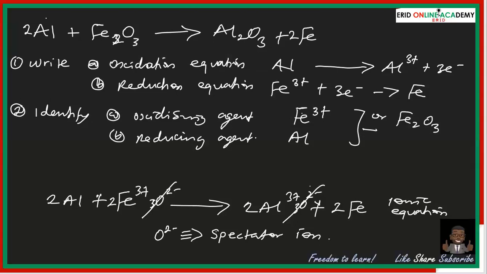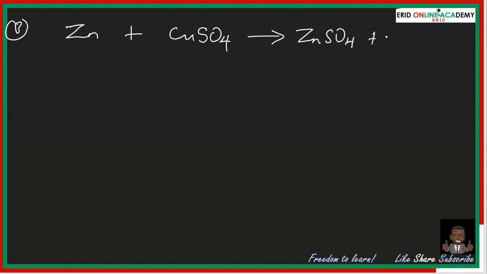Yes, I get this. Okay, so let me give you a final one. Let's take a metal: zinc plus copper sulfate gives zinc sulfate plus copper. Find the oxidation equation.